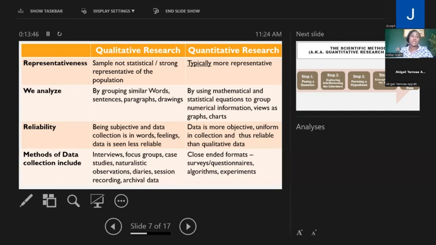All right, or you cluster or group the various drawings because there are certain patterns you're seeing in some drawings versus others, and then we're able to interpret or talk about those responses. All right, whereas in quantitative research, these groupings are typically looking at the numerals, and interpreting what those numerals mean. All right.